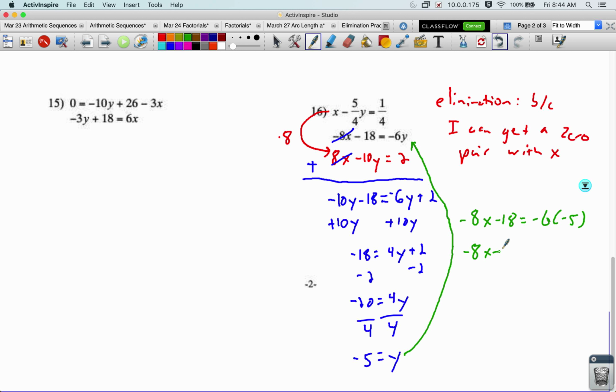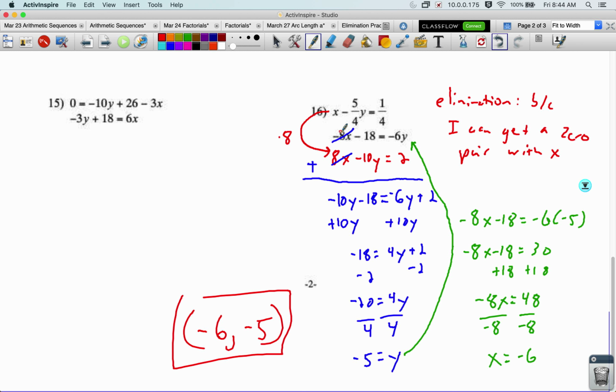Negative 8x minus 18 equals 30. Add that 18, negative 8x equals 48, divide by negative 8, get x equals negative 6. And write it as an ordered pair: negative 6, negative 5.